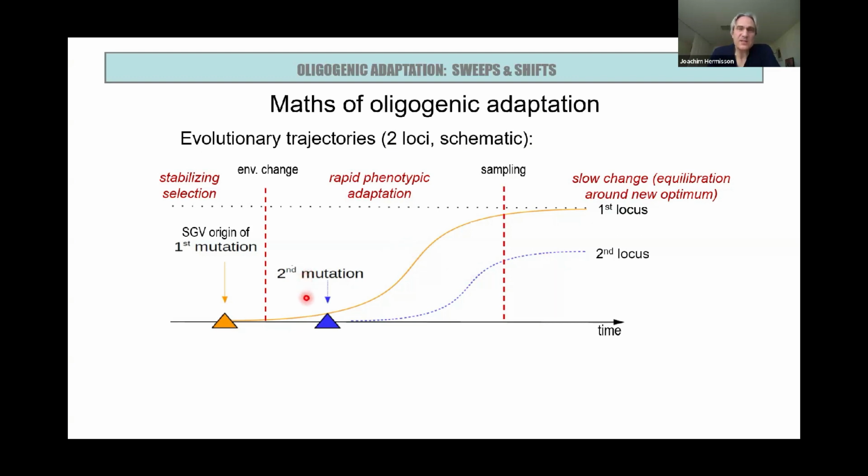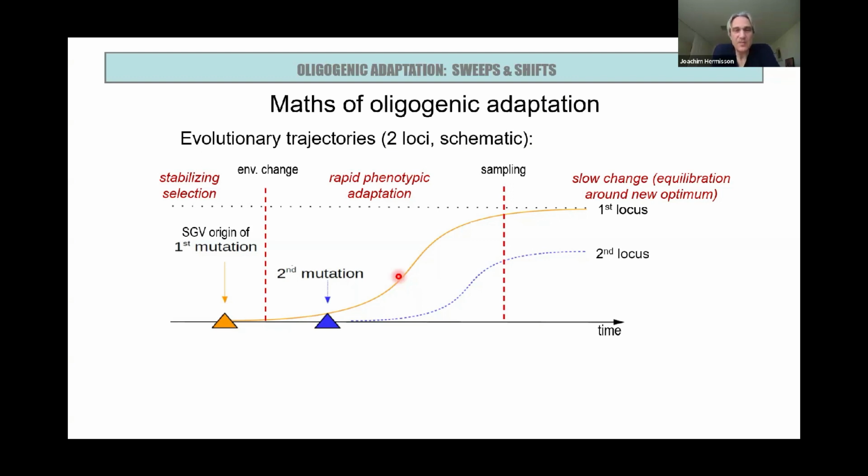The idea is that during this rapid phase, selection on the level of the trait is strong enough that we can hope that this is really the major evolutionary force that drives things forward, plus drift, of course. Drift can never be ignored.